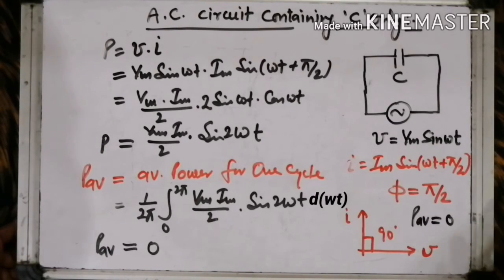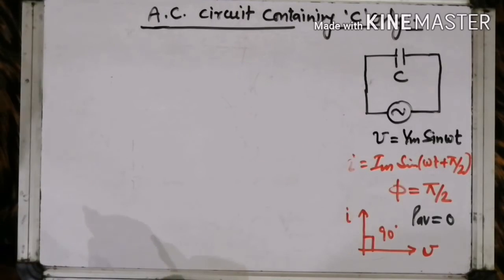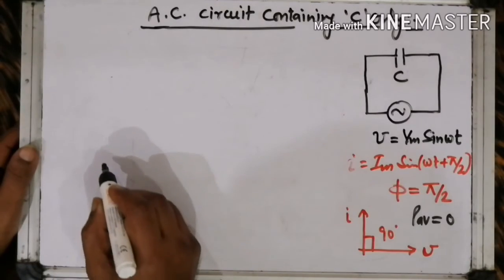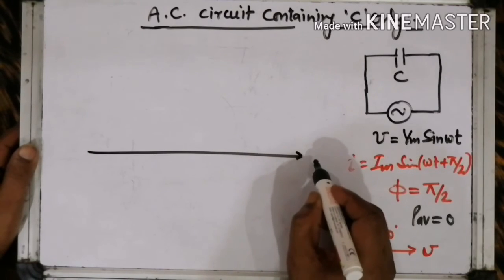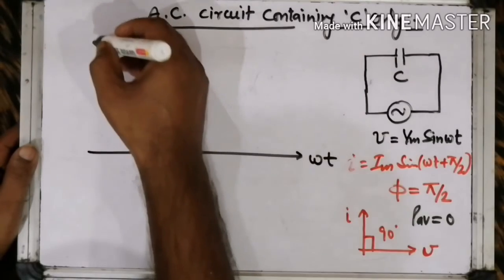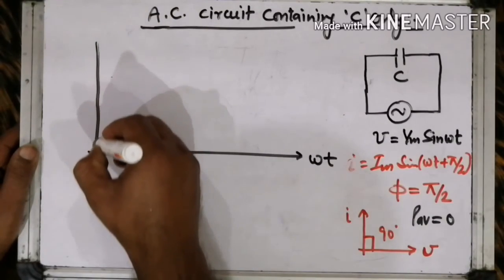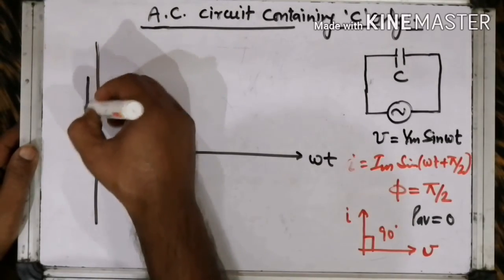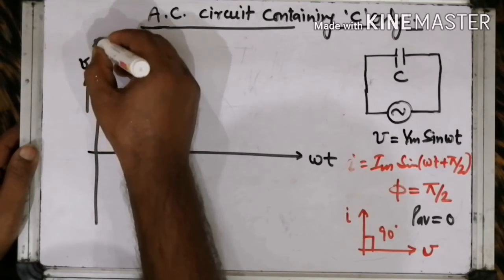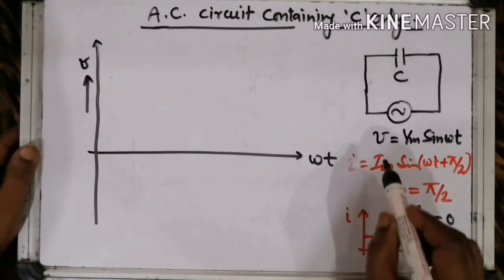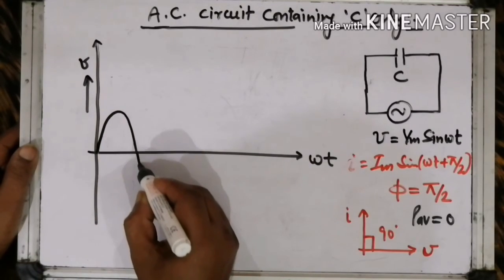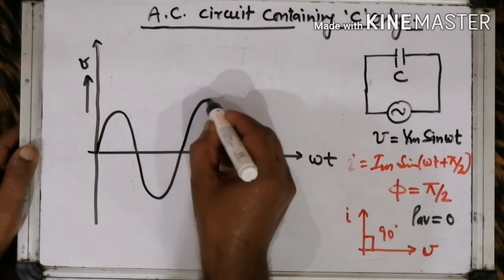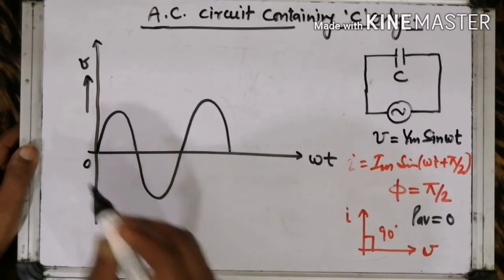Now see the waveforms of voltage, current and power. This one is the axis of omega t, this one is the y-axis, and here this one is voltage. The equation of the voltage is V is equal to Vm sin omega t. It's a sinusoidal wave, right?